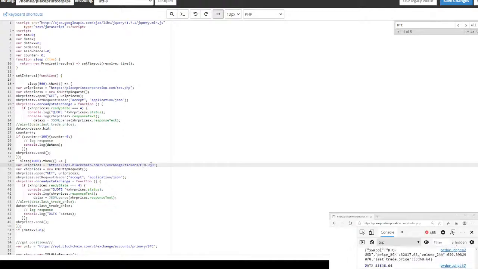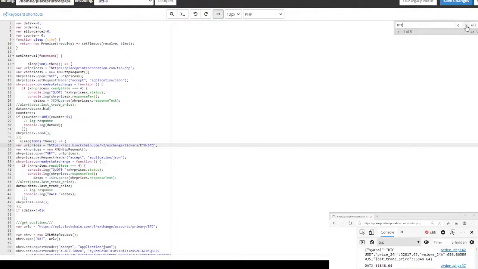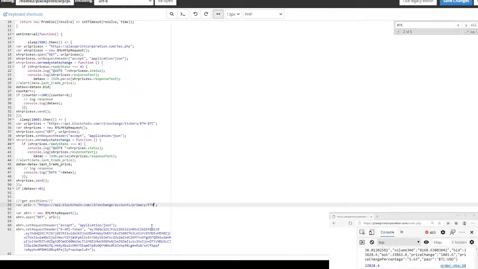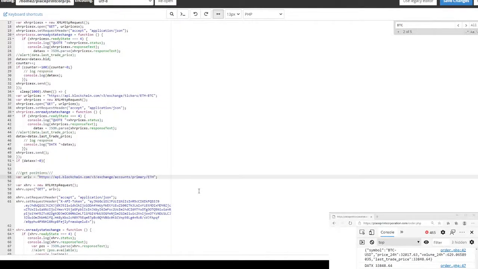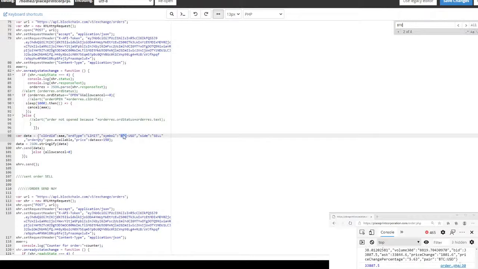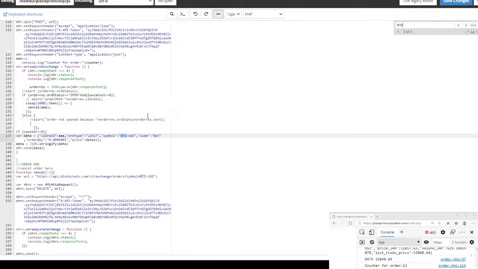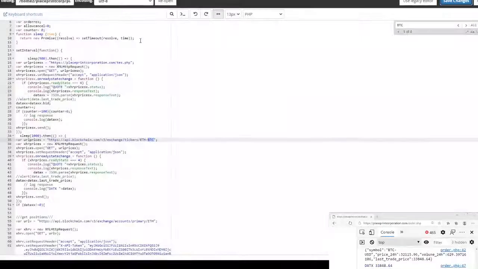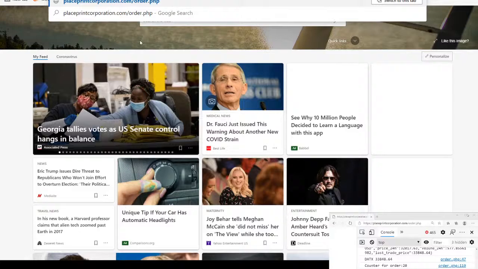ETH dash. Symbol ETH. BTC. Alright, let's save it and we'll run it, just to see if it works.